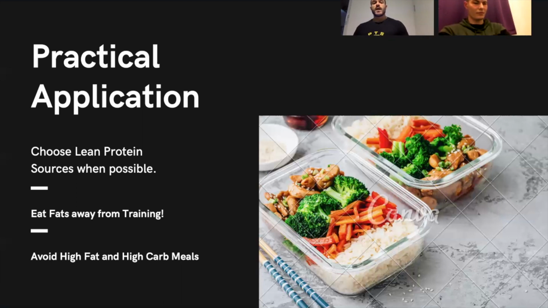Something important to understand is the following: eat fats away from training. Why is this important? If I'm having a meal before the workout, I want the energy, these nutrients that I'm eating, to go into my bloodstream to be available as fast as possible.